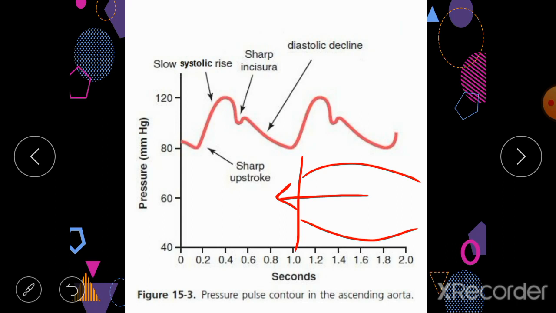Since the valve is no longer open, the blood cannot move back into the ventricle and starts to accumulate in the aorta. This causes the wall of the aorta to stretch and the pressure in the aorta to increase, which can be seen by the rise in the dicrotic notch.